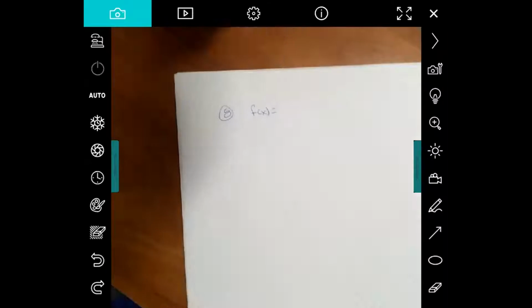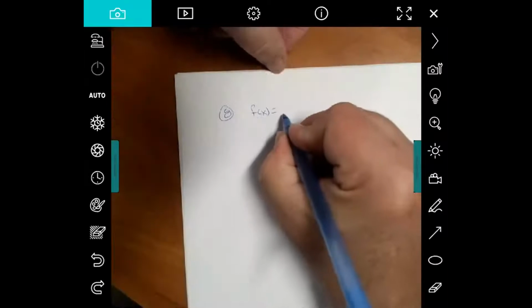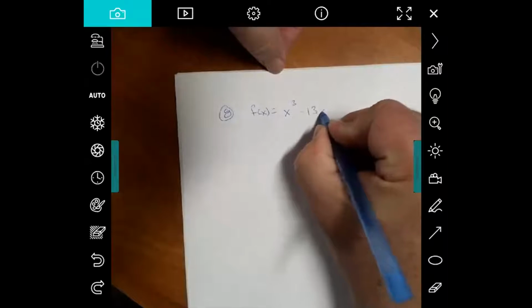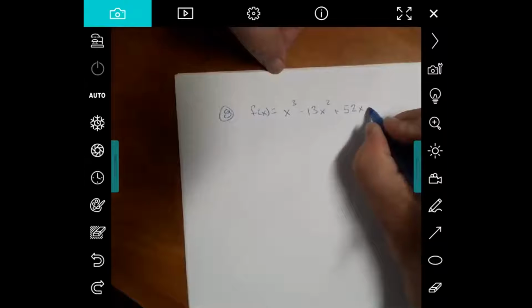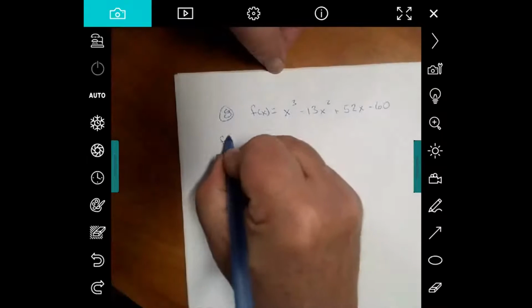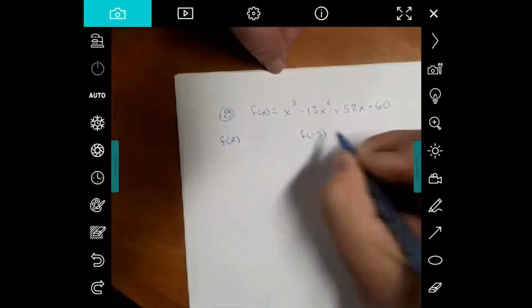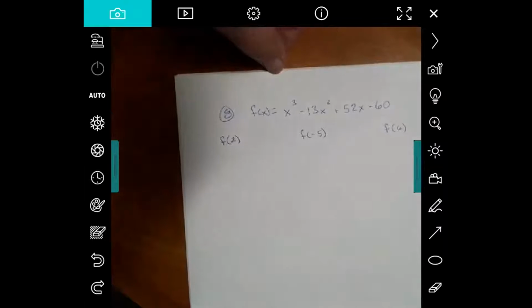f of x equals x cubed minus 13x squared plus 52x minus 60. We have to find f of 2, f of negative 5, and f of 6. Use synthetic division.